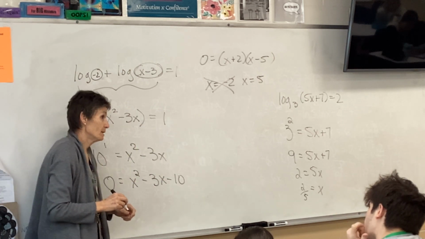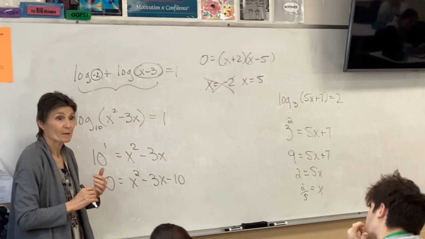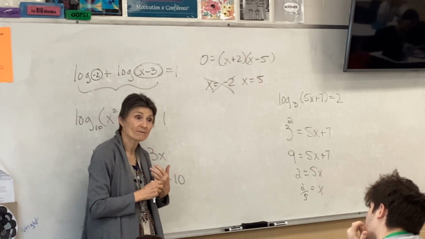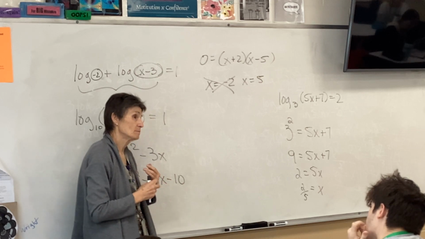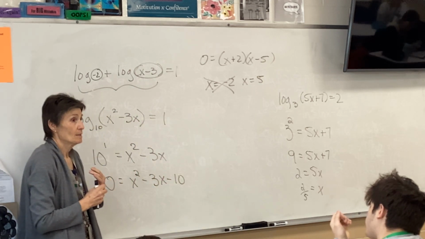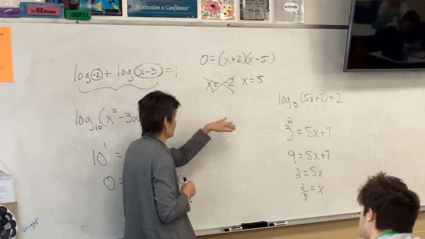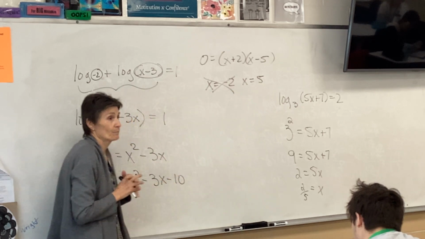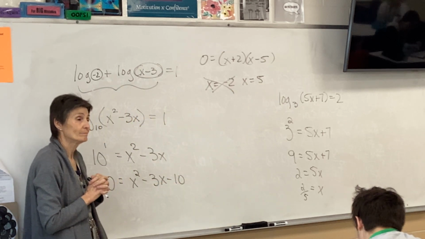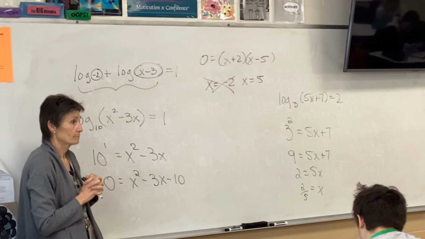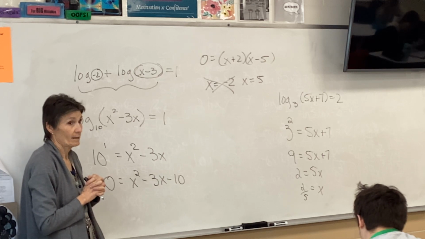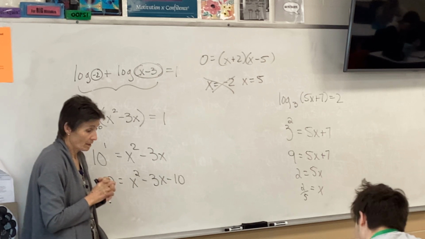You get an error, because you can't take the logarithm of a negative number. So even though that came out to be negative 2, it can't be negative 2. Oh my gosh, that was a lot.